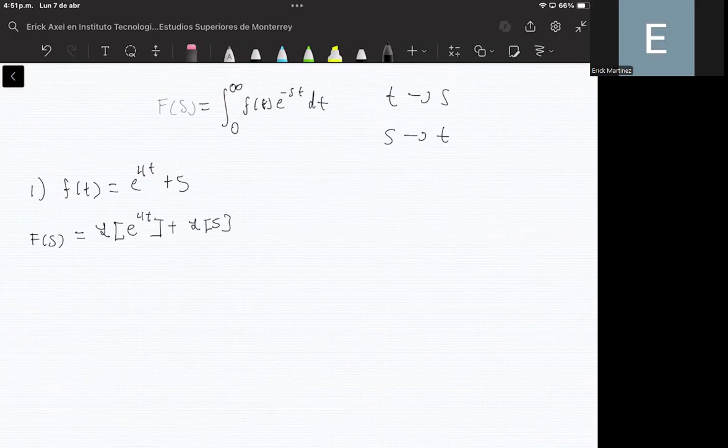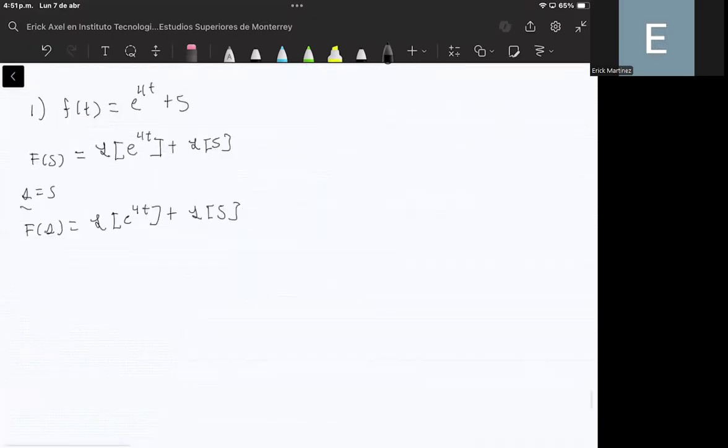Also, in order to avoid confusion, I will write the s in cursive form. So I would write this as follows: F of s is equal to the Laplace transform of e elevated to the 4t plus the Laplace transform of 5. Okay? So we can first compute the Laplace transform of this term.